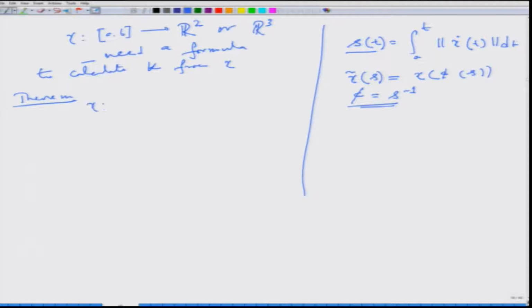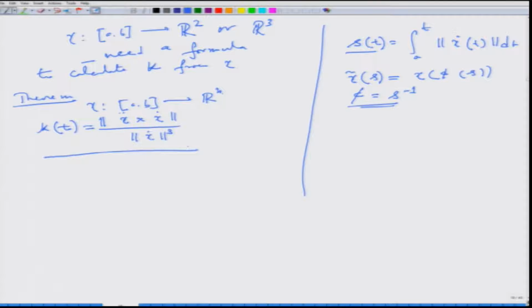Suppose gamma is a curve from a b to R n, then k(t) is equal to the norm of gamma double dot cross product gamma dot, divided by the norm of gamma dot cubed.